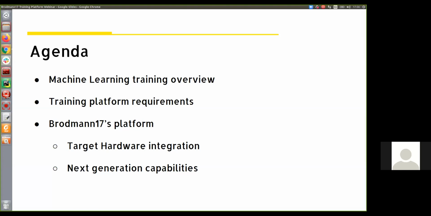And we'll see the advantages of our automotive-oriented platform over generic machine learning platforms. We will talk a bit about hardware, specifically automotive-grade SoCs, and the challenges associated with them. And finally, I'll touch upon what lies in store in the near future and how some aspects are already integrated into our platform.